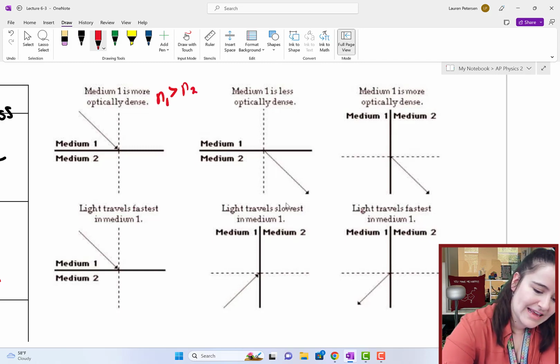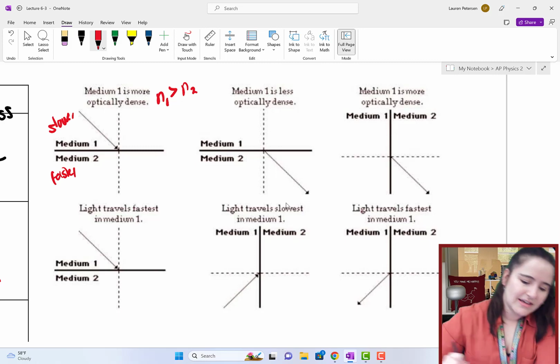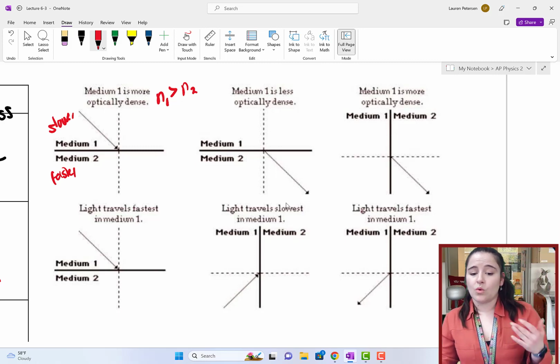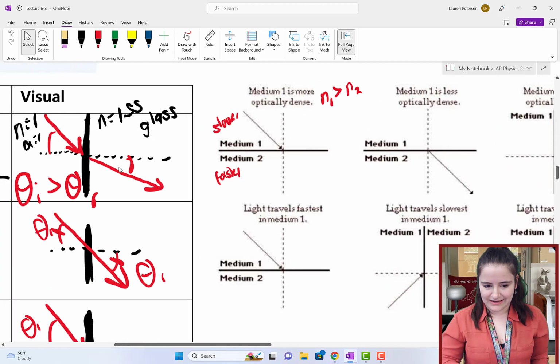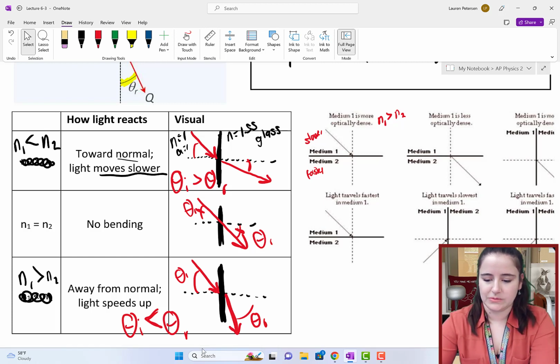The light is going to be moving slower in medium 1 and faster in medium 2. So when n1 is more optically dense, greater than n2, then that light wave is going to go away from the normal. It's going to speed up.